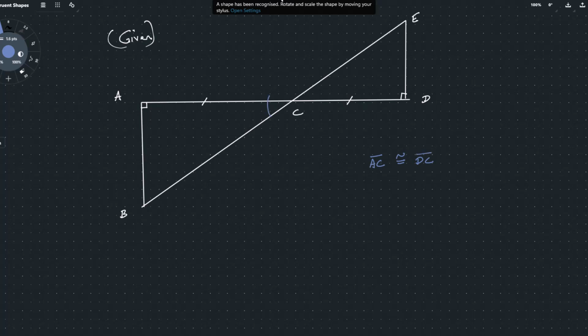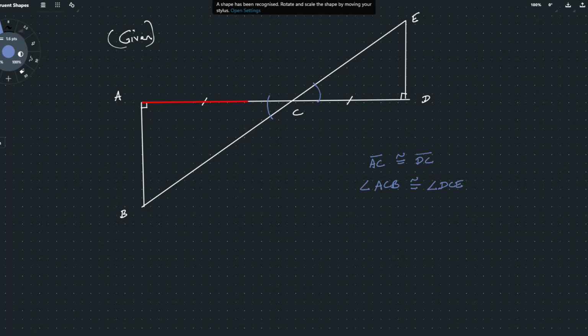If I want to label some angles, angle ACB, this one right here, is going to be congruent to angle DCE, that one right there. And I want just a little bit more.